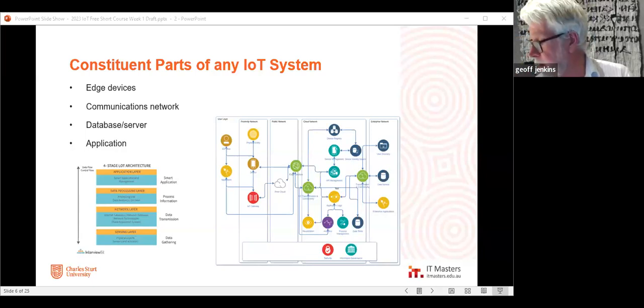Then you've got a public network, and that is the comms to communicate the data across to the third silo, which is the cloud network. It's the most complex one, as you can see, at least in IBM's understanding of it. There are lots and lots of components there which are performing special operations on the data before it is passed over to the enterprise network on the right. So we might think of all of that as one big network.